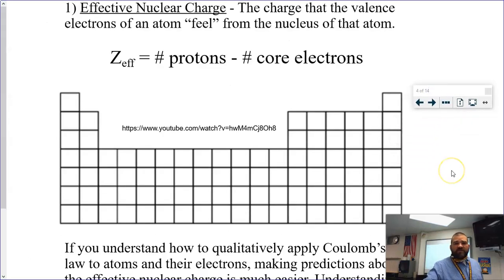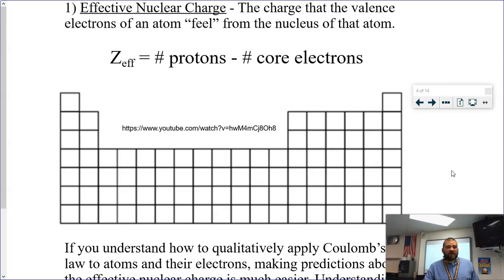So let's start with our very first trend. Our first trend that we want to look at is effective nuclear charge. Effective nuclear charge, we had talked about just briefly on Monday, okay, towards the tail end of that lesson. So effective nuclear charge is what the electrons feel, or the attractive force that they feel from the nucleus of the atom.